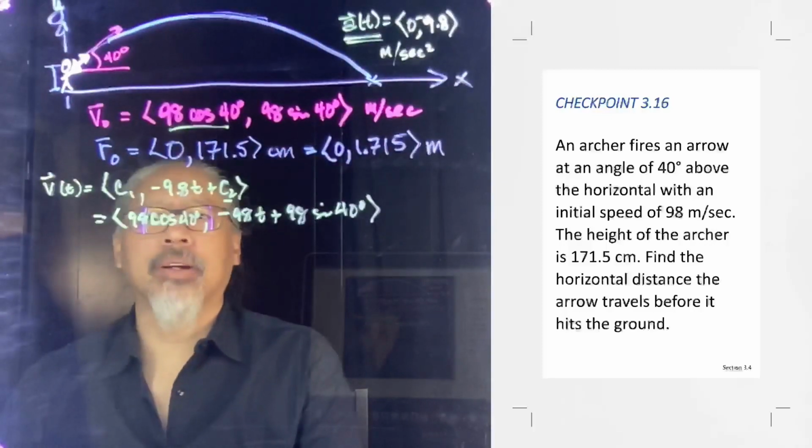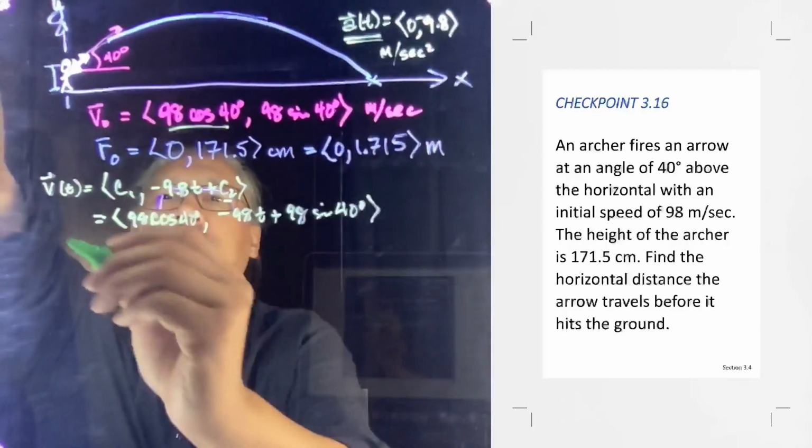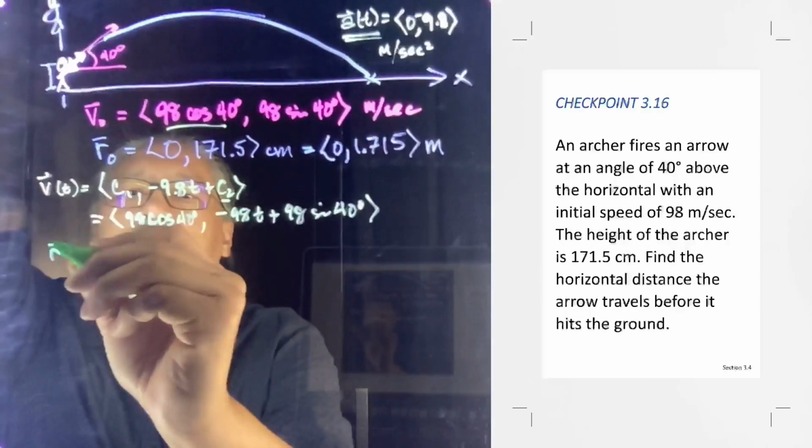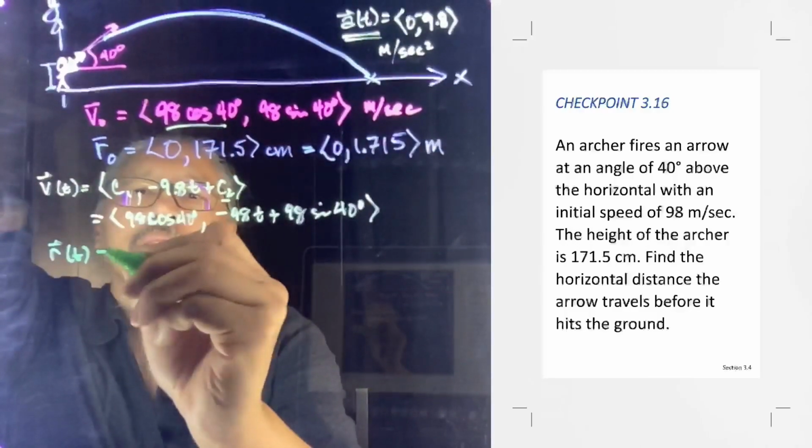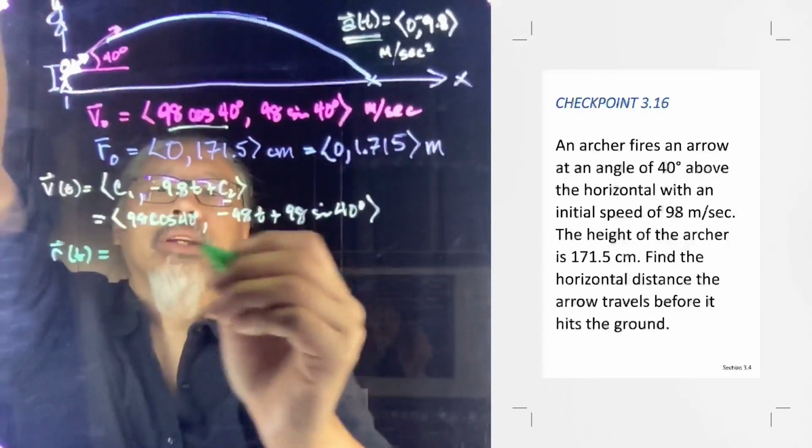Our next step is to find the position function, r of t, and again we're going to integrate.